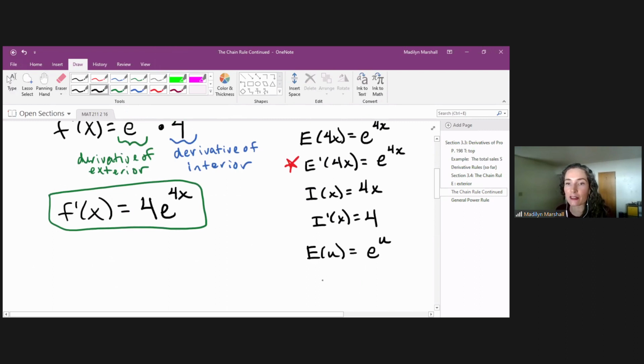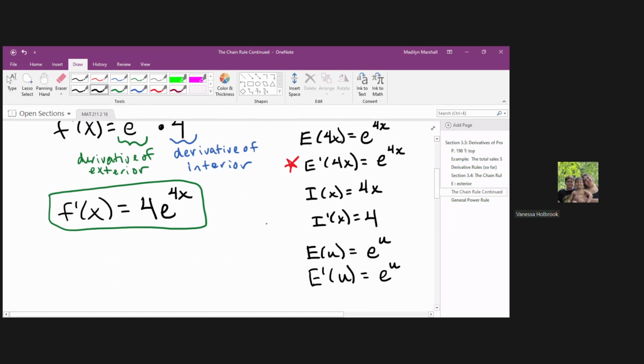And so if our exterior function is E to the U, then the derivative of our exterior is also E to the U. And u is just whatever happens to be in that function, which is 4x in this case.